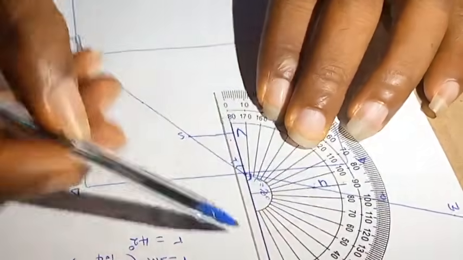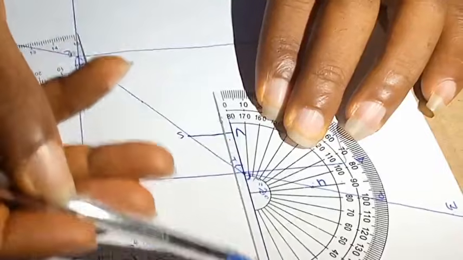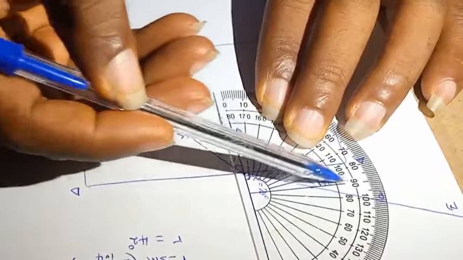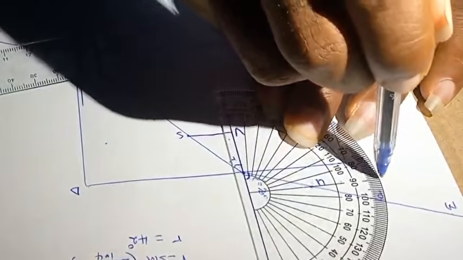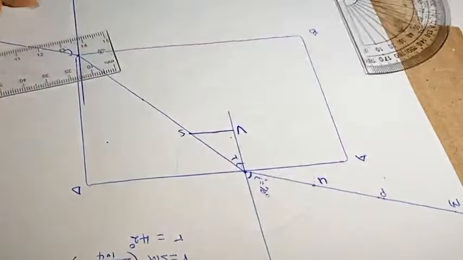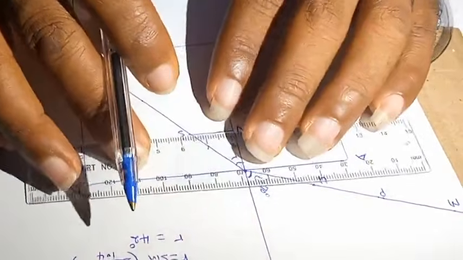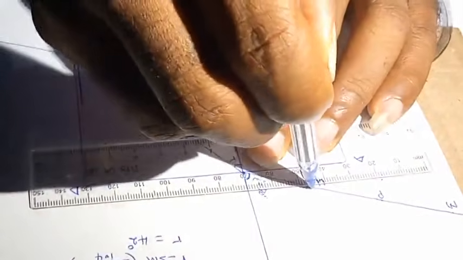Good. So you notice the 0 to 180 degrees line is lying on the normal, and then the 90 degrees line passes through this point of U. Come to this point and then make a mark at that 90 degrees. Remove your protractor, bring your ruler, adjust the ruler to make sure that it passes through this point U. Remember, you are joining this point U to the normal.